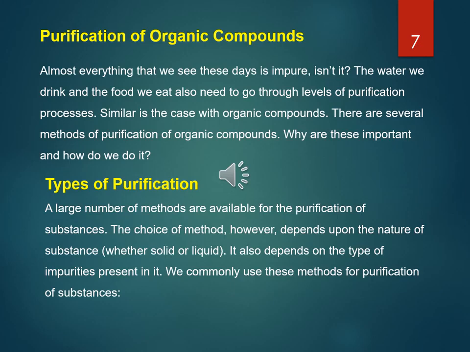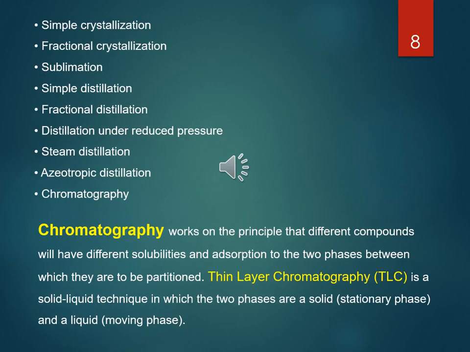We commonly use these methods for purification of organic substances: simple crystallization, fractional crystallization, sublimation, simple distillation, fractional distillation, distillation under reduced pressure, steam distillation, azeotropic distillation, and chromatographic techniques.